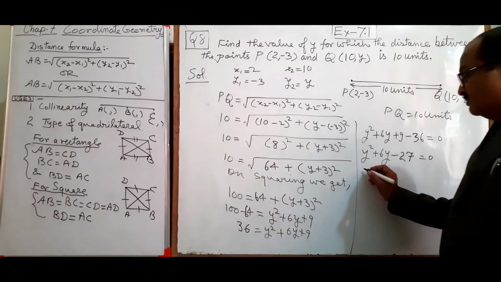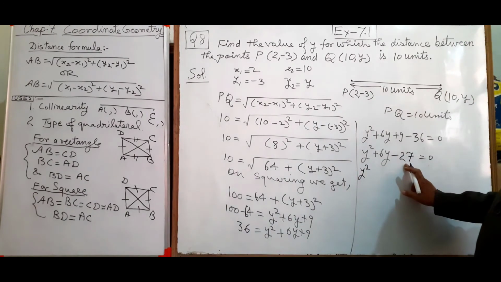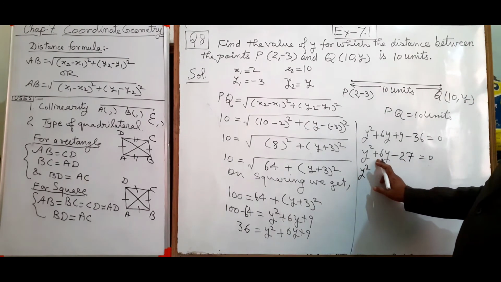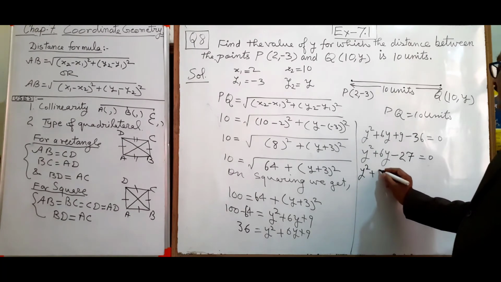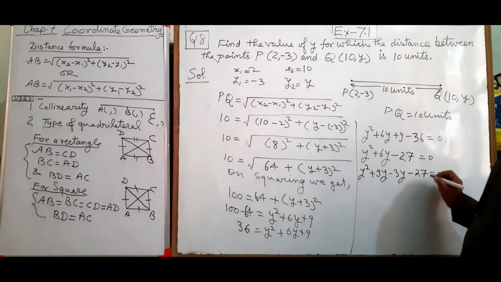Now you can split the middle term. This is minus 27 and it is 6. So 9 3s are 27. So plus 9y and minus 3y. You can split this middle term like this.